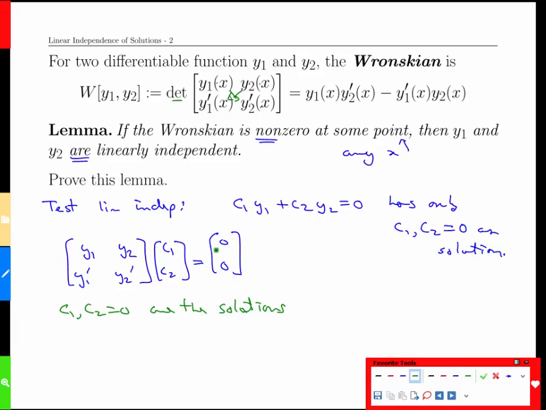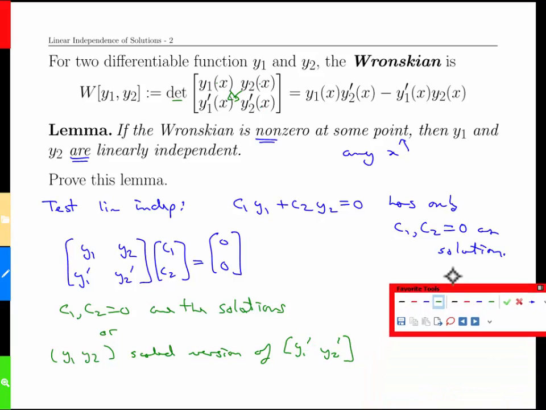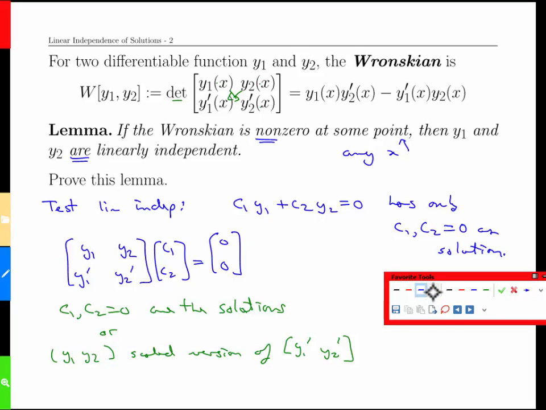To have a right-hand side of 0, basically the only way to make that work is if c1 and c2 are equal to 0, or the row y1, y2 is not linearly independent from, or is a scaled version of, the second row, which is y1 prime, y2 prime. Or another way to say that is, there's a test for that, which is that the determinant of the matrix is equal to 0.